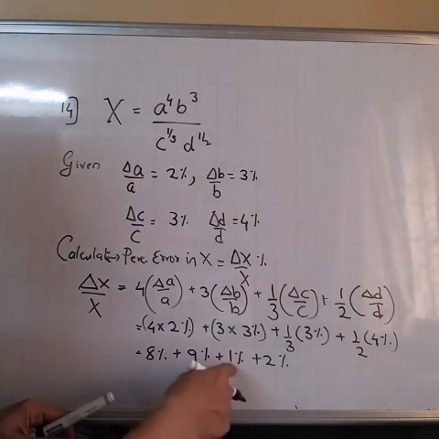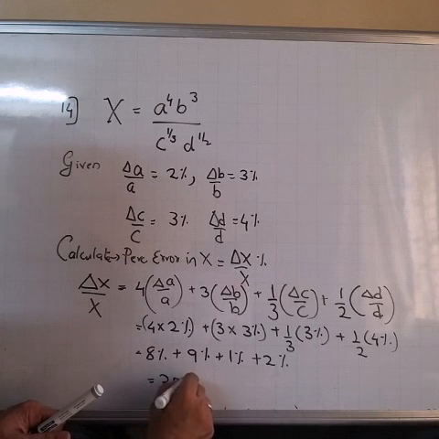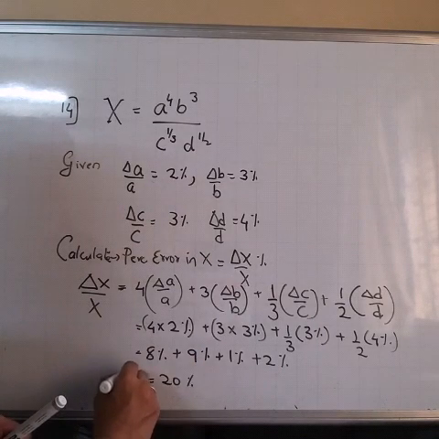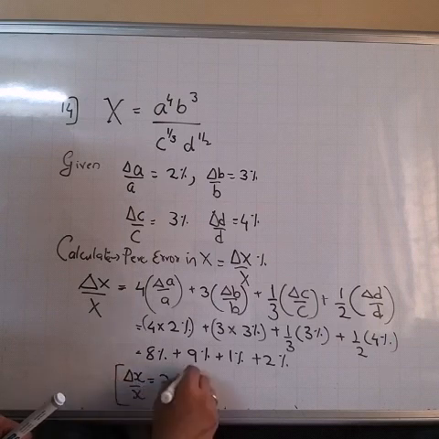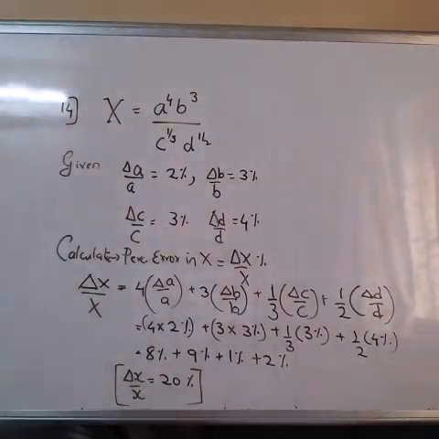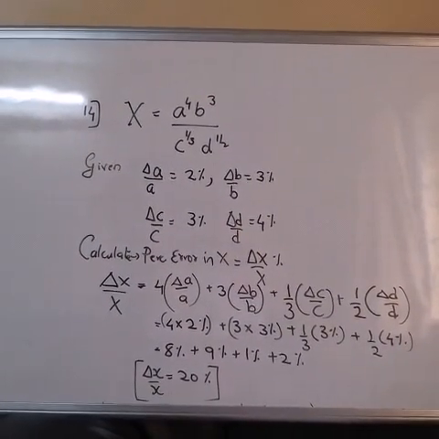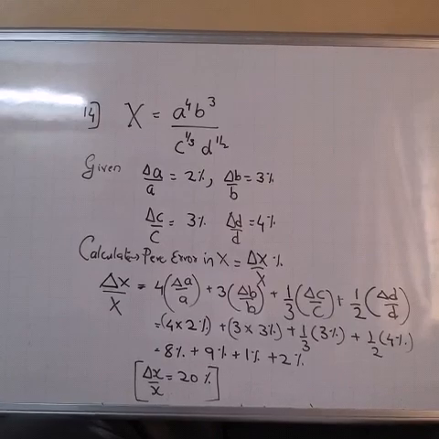Add this, 9 plus 1 is 10, 10 plus 8, it becomes 20%. So relative error in measuring x is 20%. So this is the 14th numerical which we solved. Hope it's very easy to understand.